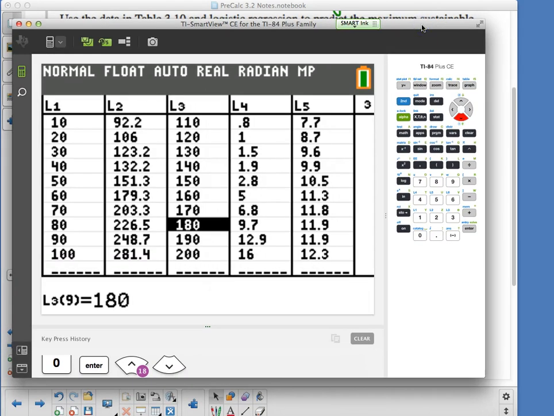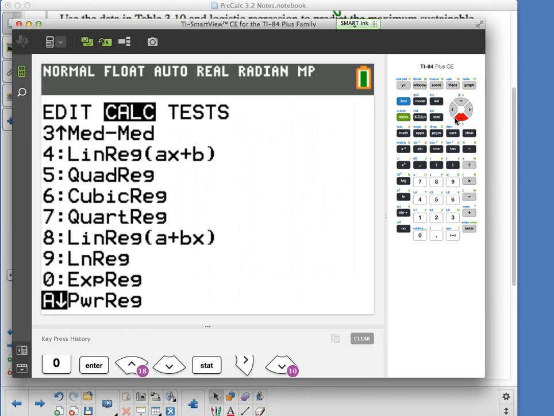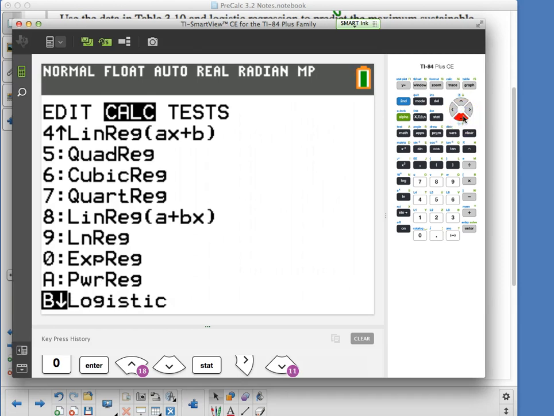So in my calculator, I'm going to go to my stat because I want to go to calc and I want to go to, I think it's like 11, or A, I think it is. Power regression, logistic. It just says logistic. That's the one we want. We're going to do a logistic model, okay?